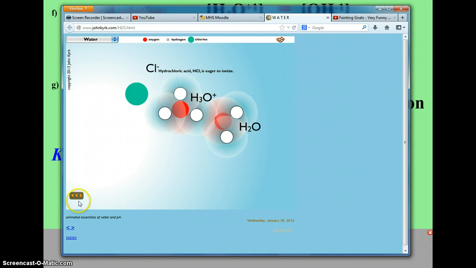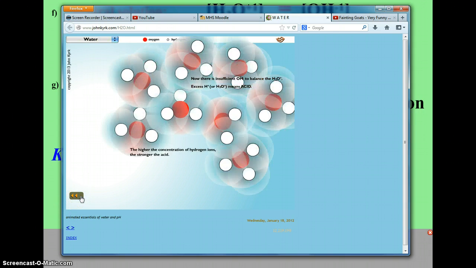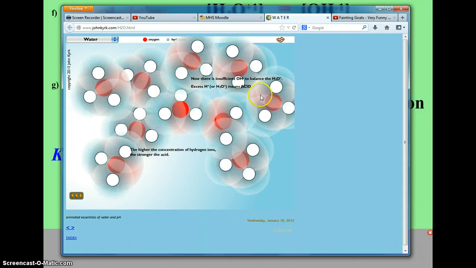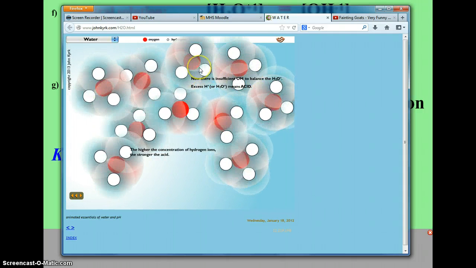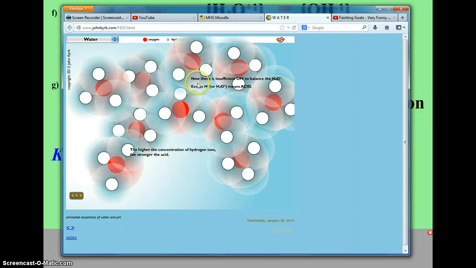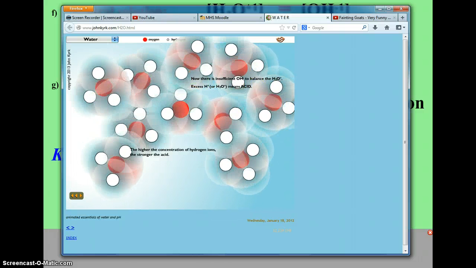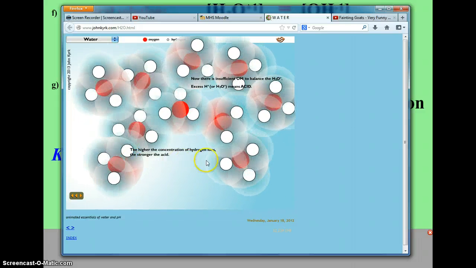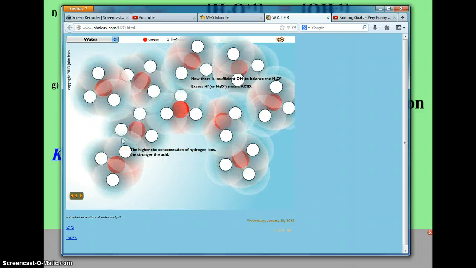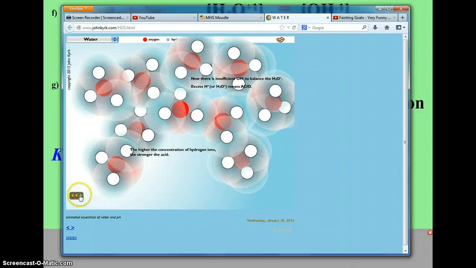It wasn't water by itself. So now, as it says there, there's insufficient hydroxide to balance the hydronium. And so we end up having more hydronium, and that is an acid. And as you see down here, the higher the concentration of hydrogen ions, hydronium ions, the stronger the acid.